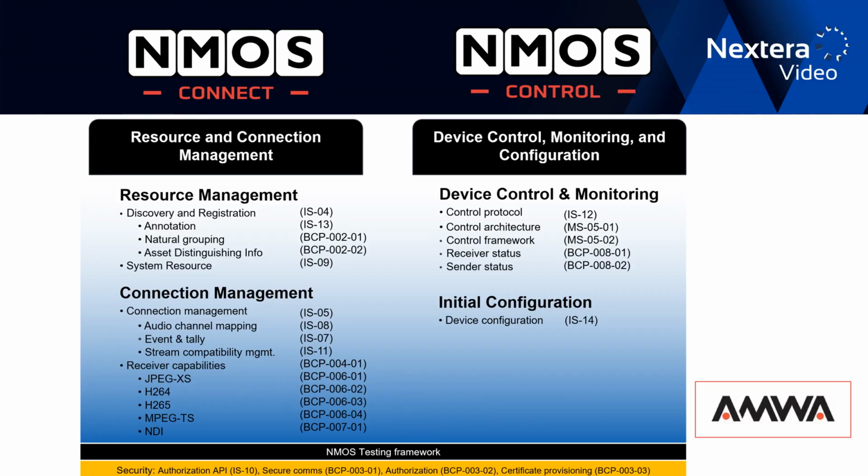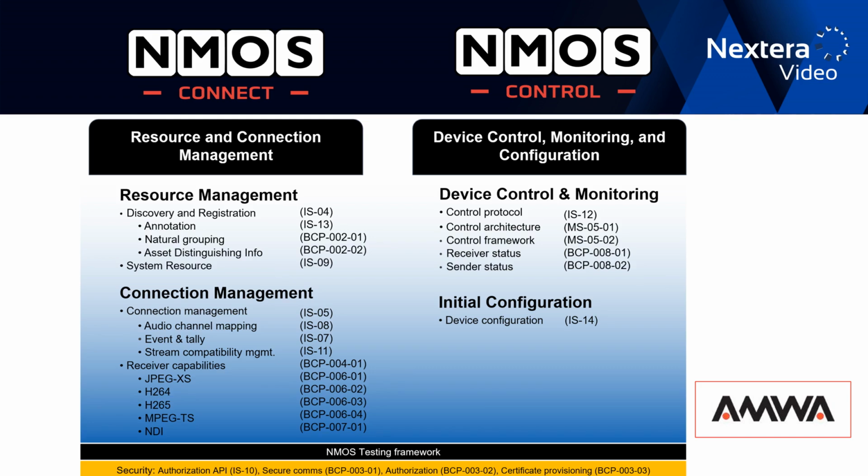AMWA is calling these two logical groups NMOS Connect and NMOS Control. NMOS Connect is related to the resource and connection management, whereas Control is extended for device control and monitoring and configuration.